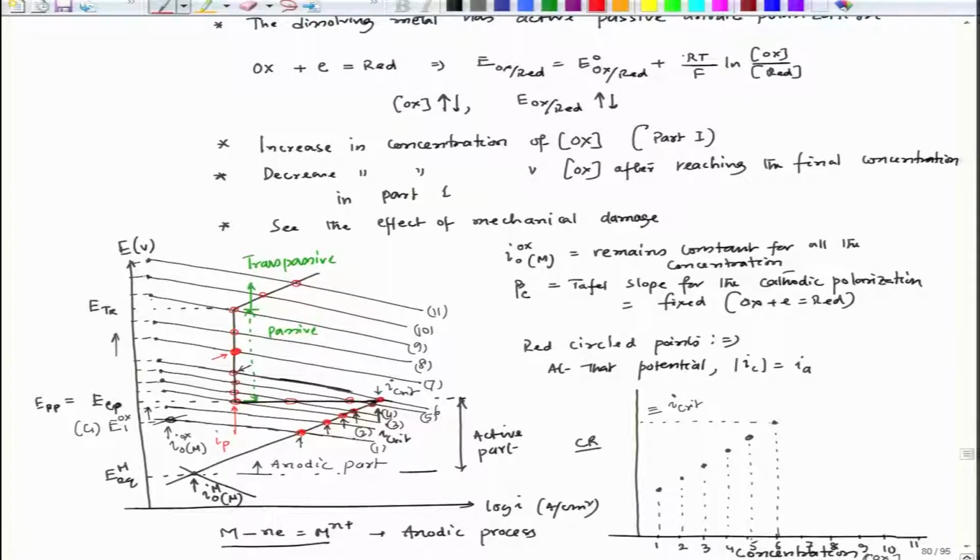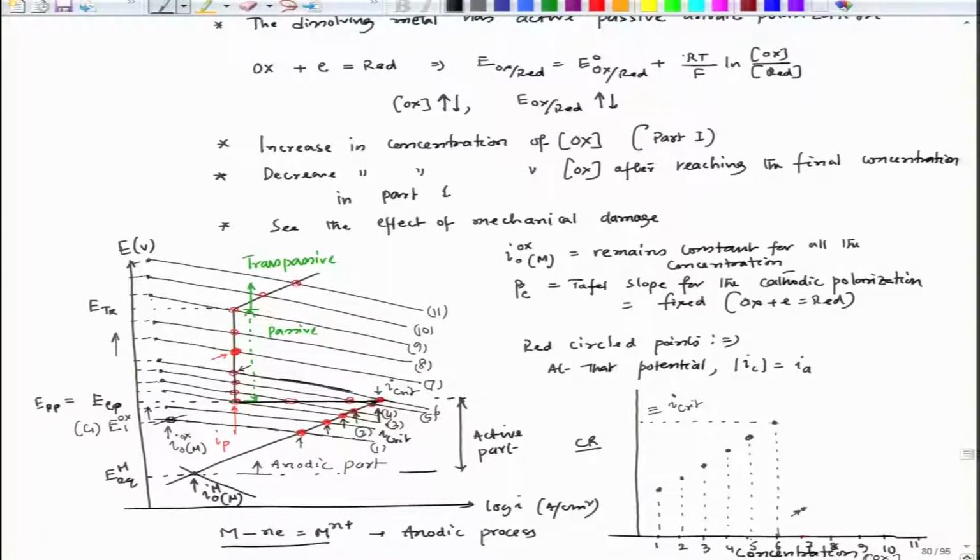So at 7 the corrosion rate has moved to IP. Then, at this particular location, it will achieve stable passivity, because it is cutting across the anodic portion at only one location.